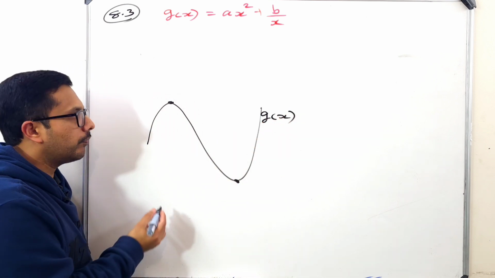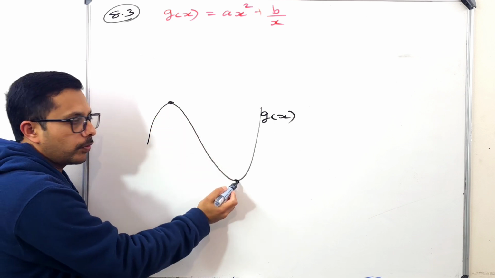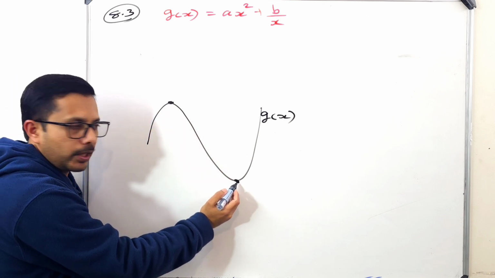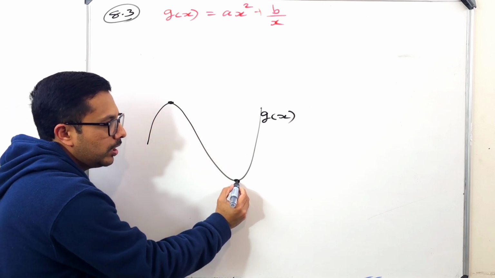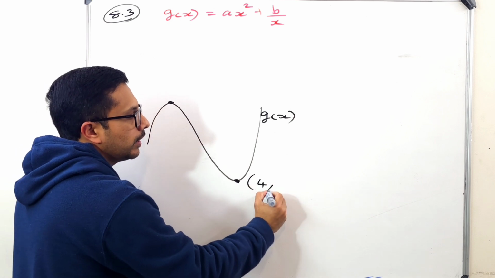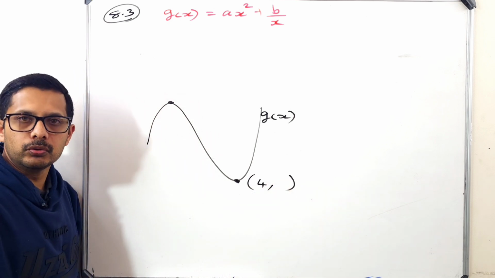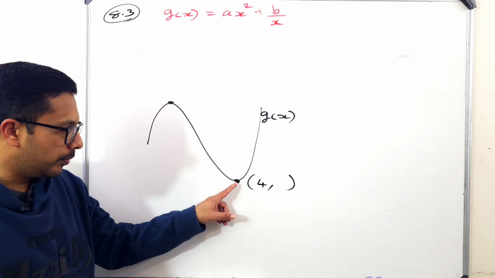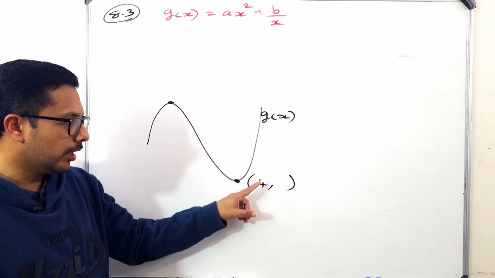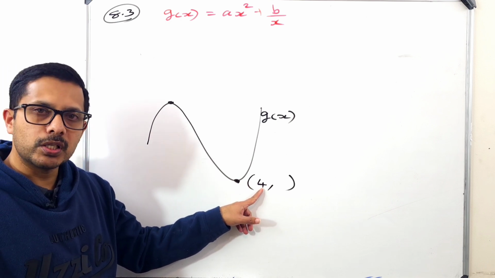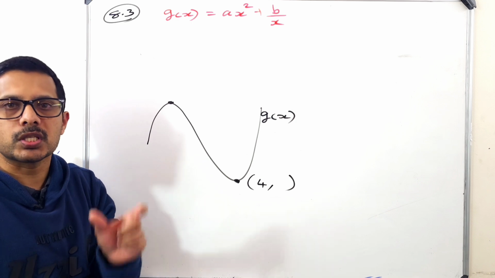Which one is the minimum value? Is it this one or this one? Of course, this is the minimum value, am I right? Minimum turning point. At this minimum turning point, they are saying that the value of x is equal to 4. At this minimum turning point, they are saying that the value of x is equal to 4. That is the meaning of the first sentence.